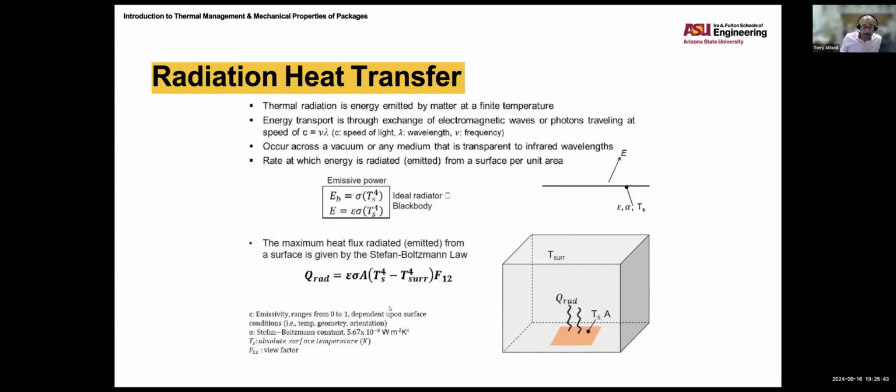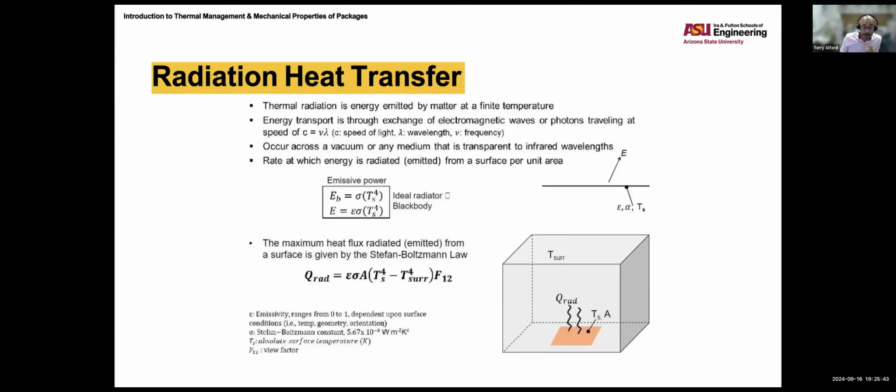Then the Stefan-Boltzmann constant, the area, and then the temperature of the surface to the fourth power minus the temperature of the surrounding to the fourth power.